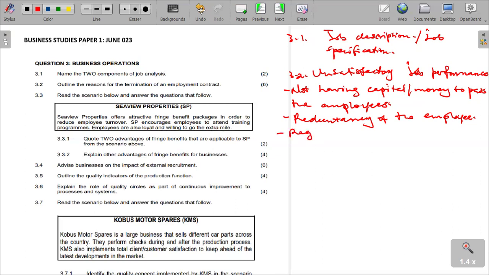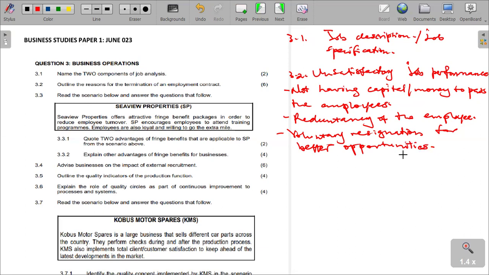Voluntary resignation for better opportunities by the employee.